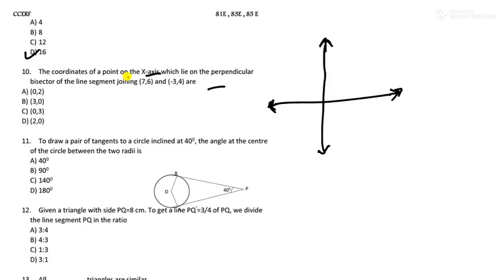Understand the coordinate of a point on x-axis. If you take any point on the x-axis, the value of y is 0, right? The value of y is 0. So you have to find the value of x. And what is this? It is the distance from the y-axis towards the right side or left side.